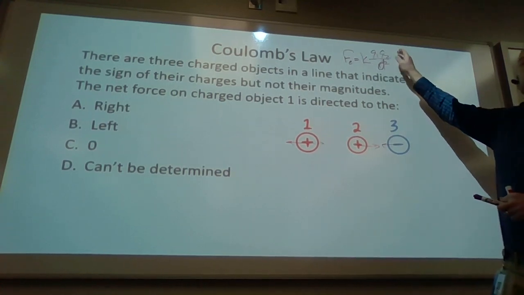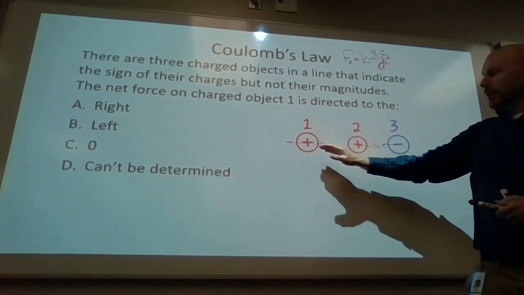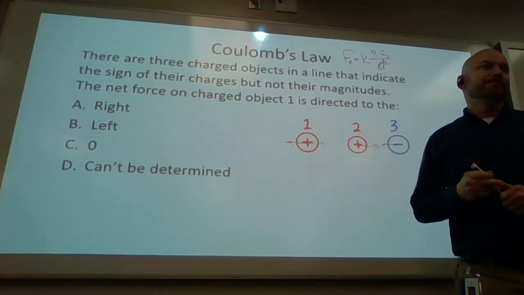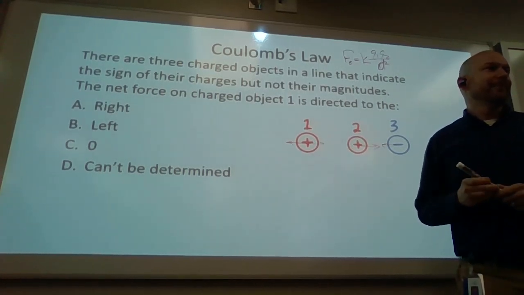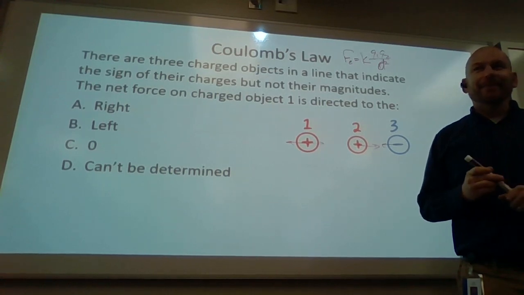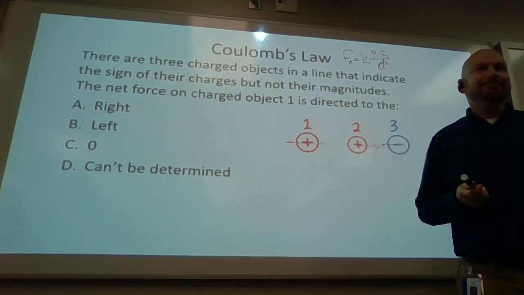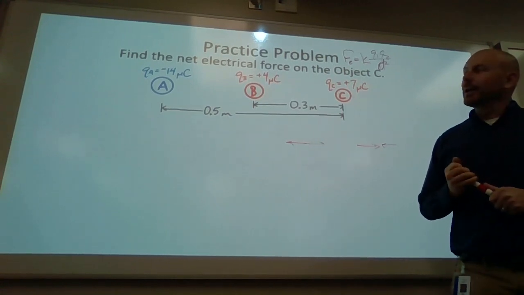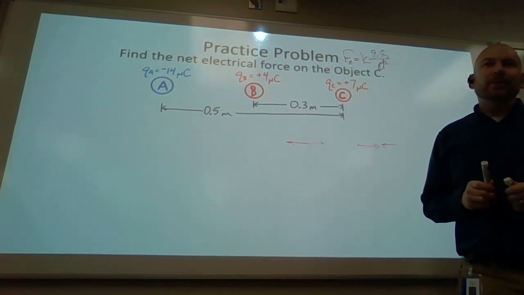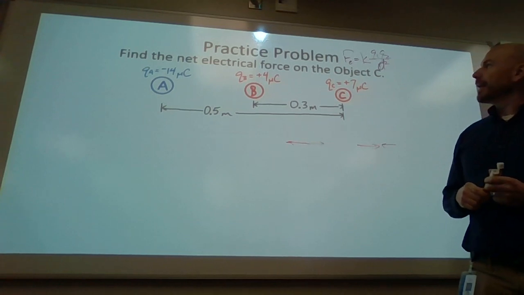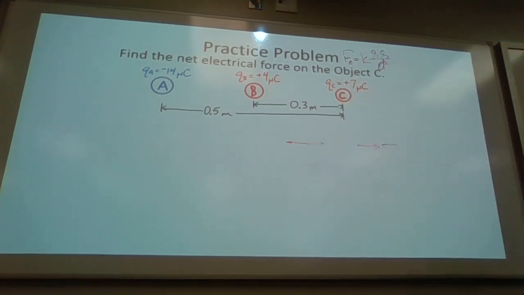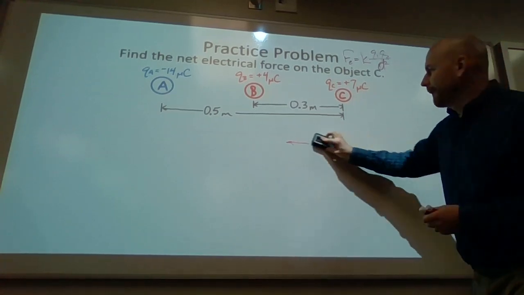If three was big enough, that could overcompensate. So we don't know. D. Yes. Okay. Good with that? All right. I will give you a couple minute head start. You're finding the net electric force on object C. Go.